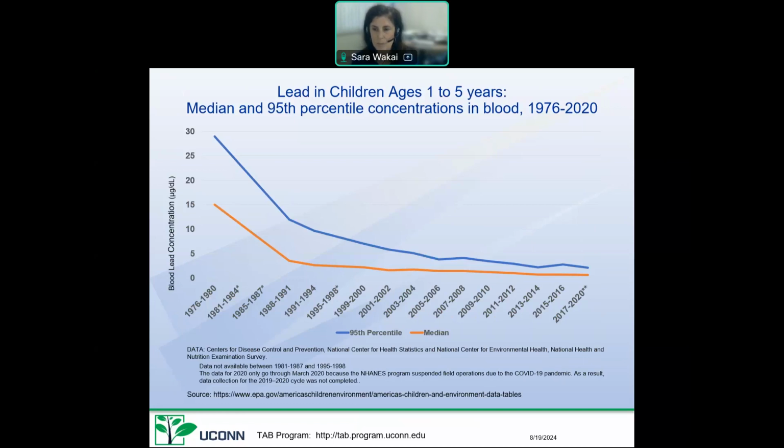The orange line represents the median concentration of lead in young children, which was 15 in 1976 to 1980 and decreased to 0.6 in 2017 to 2020. The largest declines in blood lead levels occurred from the 1970s to the 1990s, following the elimination of lead in gasoline.